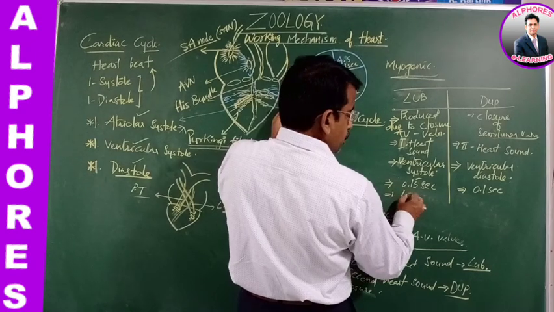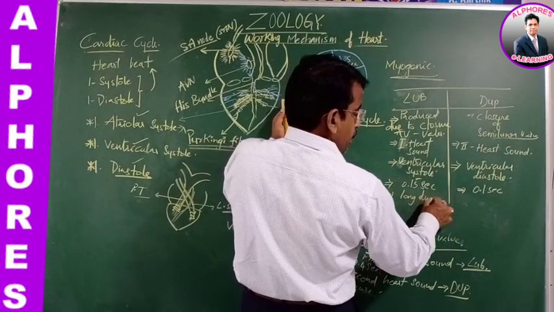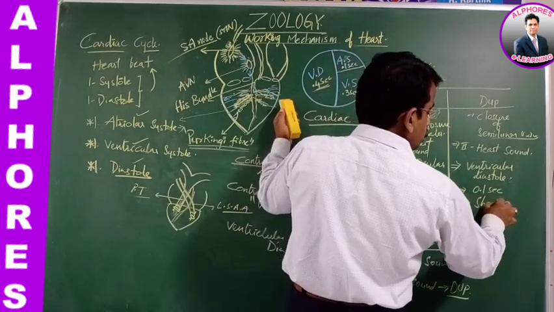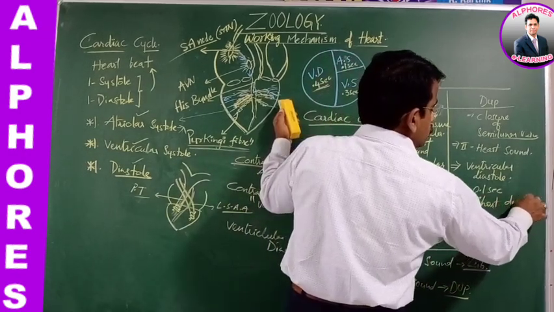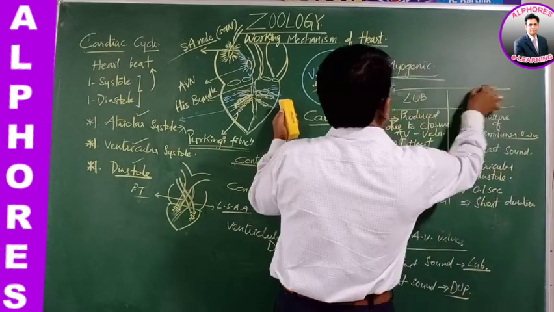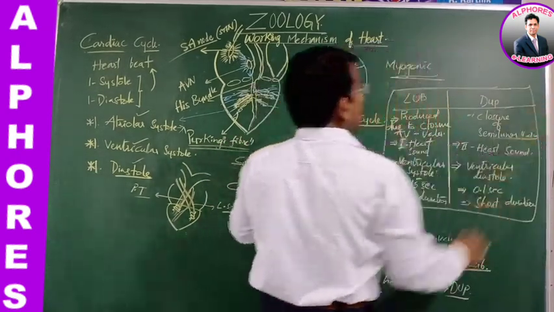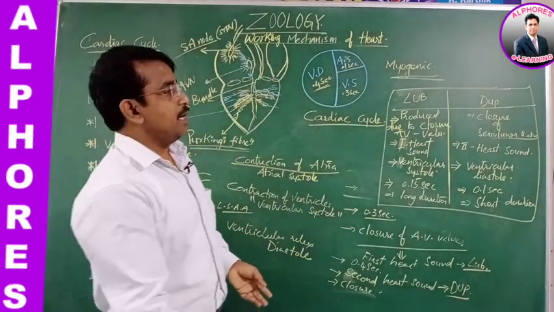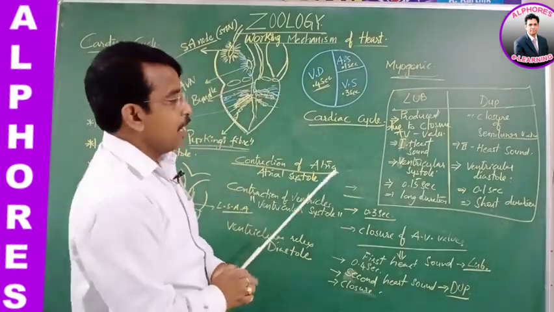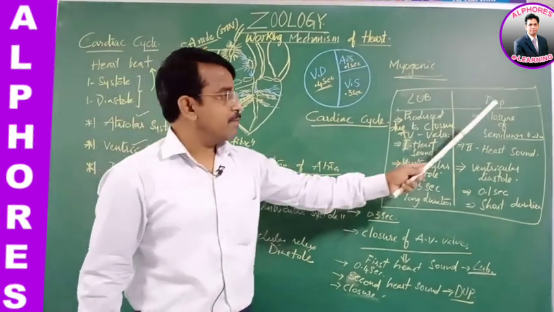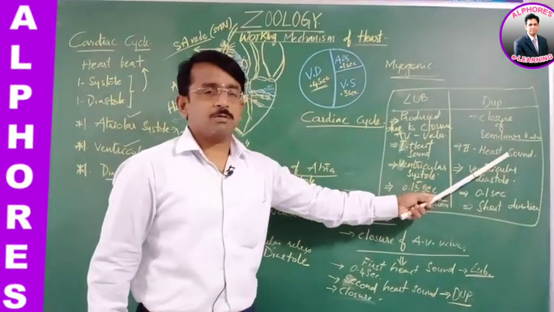Long duration and short duration is what we see. So this is tabular information. I repeat, the lub and dub sounds. Lub is the first heart sound. Dub is the second heart sound.